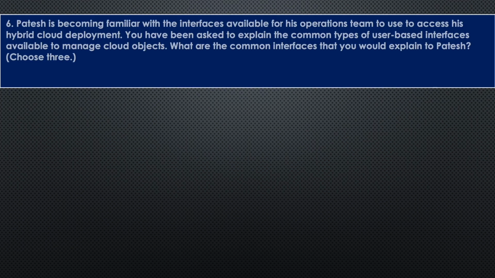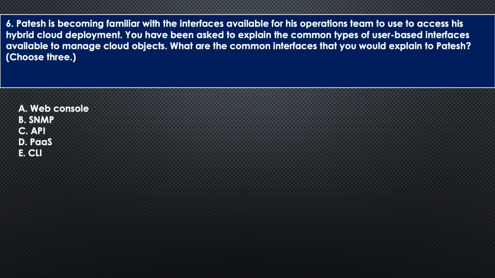6. Patesh is becoming familiar with the interfaces available for his operations team to use to access his hybrid cloud deployment. You have been asked to explain the common types of user-based interfaces available to manage cloud objects. What are the common interfaces that you would explain to Patesh? Choose 3. A. Web console, B. SNMP, C. API, D. PaaS, E. CLI.